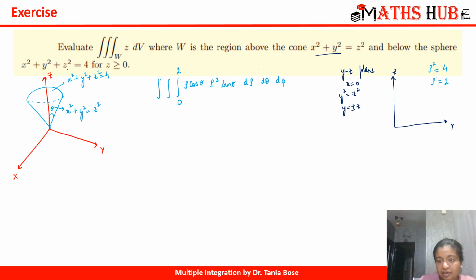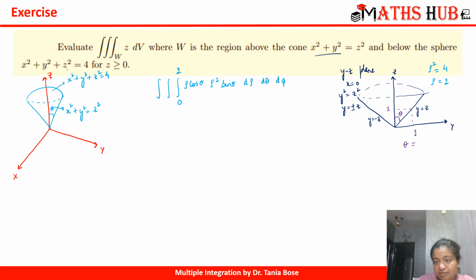If I plot it, y is equal to z is something like this, and y is equal to minus z is something like this. And this is how the sphere goes on this, right? Now let us consider a point here as 1. This point will also be 1. And this is angle theta.